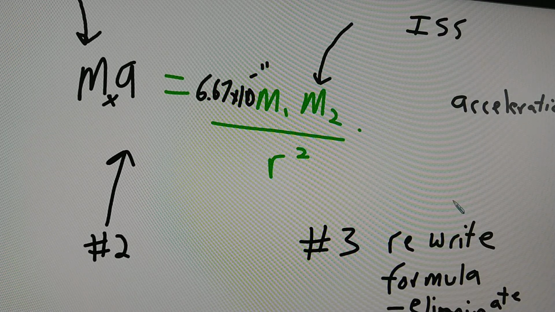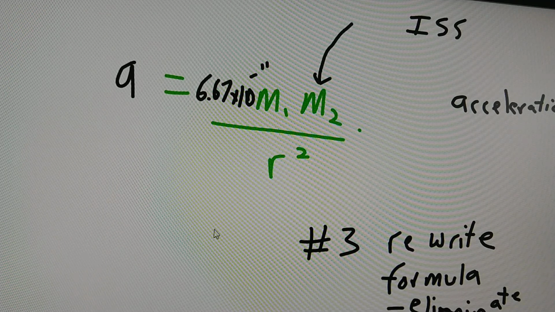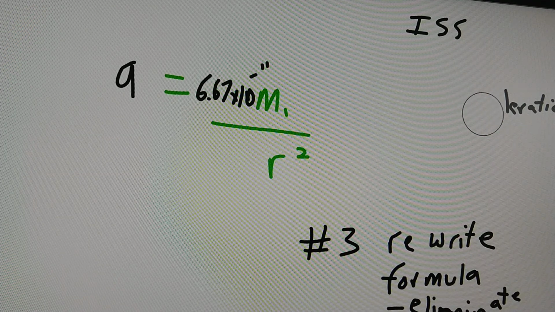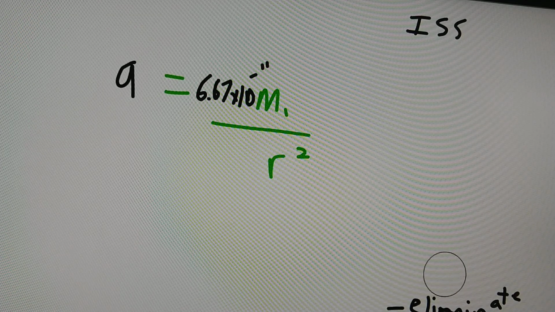Okay, so here's number 3. We're going to get rid of 2 of these M's right here. Because if both of them are the mass of the International Space Station, then we are down to this.